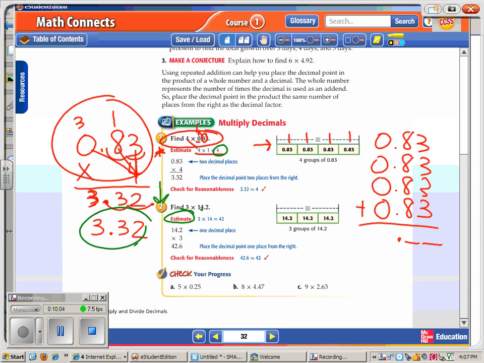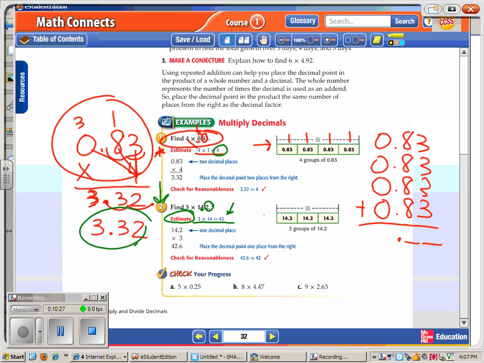Going to underline 4, circle the 2. We're going to round it to the nearest whole number. It's going to stay at 14, so we have 3 times 14. 42 is what our estimate is going to be. Now remember, sometimes you can get your estimate wrong, so if they're way off, maybe you did your multiplication right, but it very well could be that your estimation needs to be looked at a little bit more.